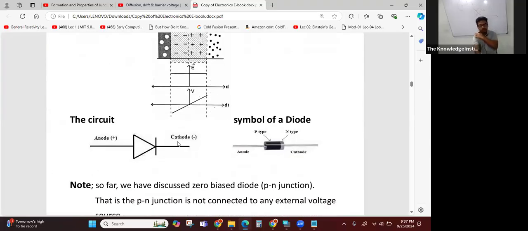Okay, so the circuit symbol of a diode. So here you should write the circuit symbol of the diode. So in the circuit symbol, this side plus, this side minus.